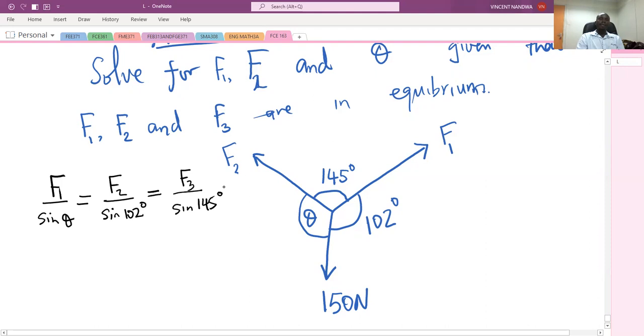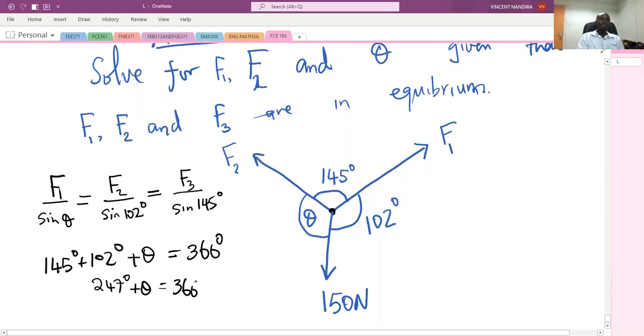145. But angles at a point add up to 360 degrees. So 145 plus 102 plus theta should give us 360 degrees. And 145 plus 102 is 247, plus theta should give us 360.